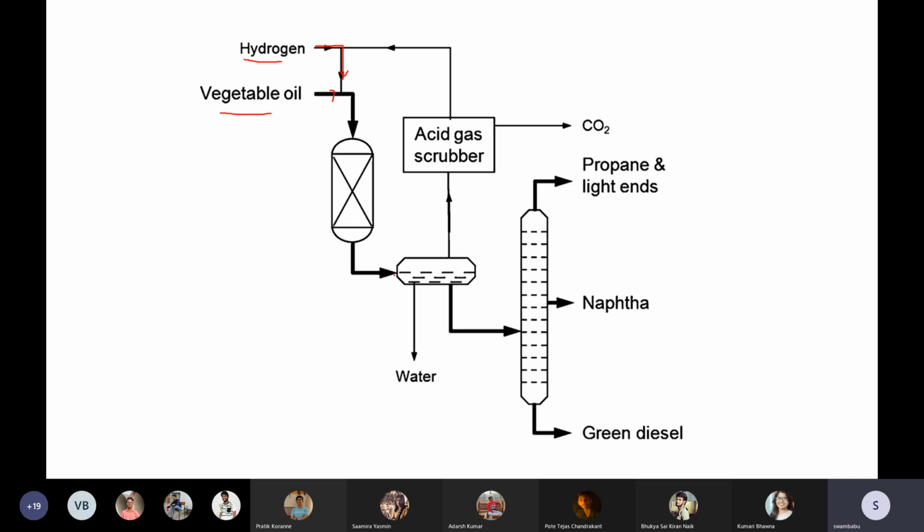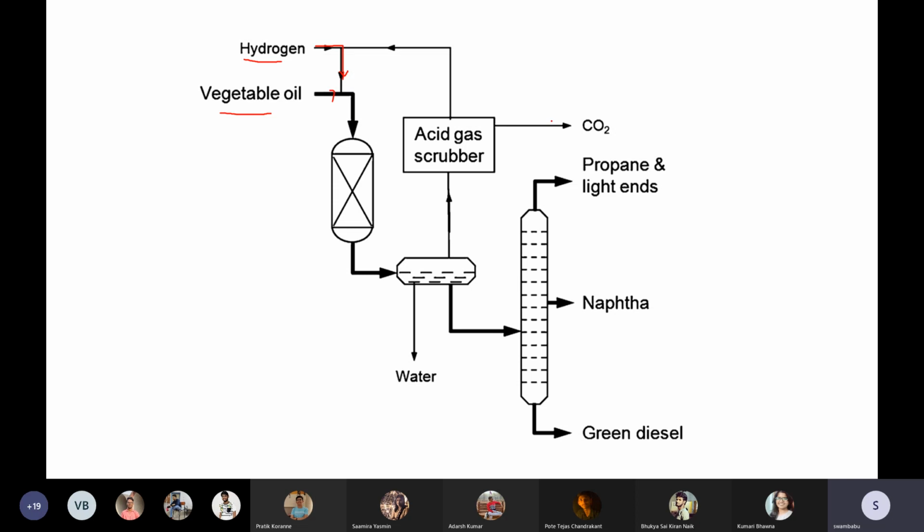Now here, the linear chain hydrocarbons will be in the form of liquid, along with water. Then you will also get gases like C3H8 and CO2, and these gases go to the acid gas scrubbing process to separate any unreacted hydrogen. They will separate CO2 from this.